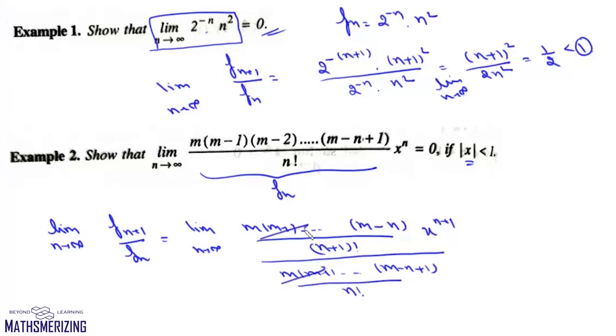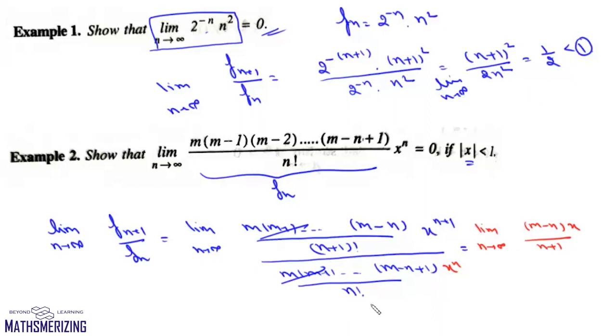Now here all these terms will cancel. So what we'll get is limit n tends to infinity (m minus n), here we will also have x to the power n into x, upon n plus 1.